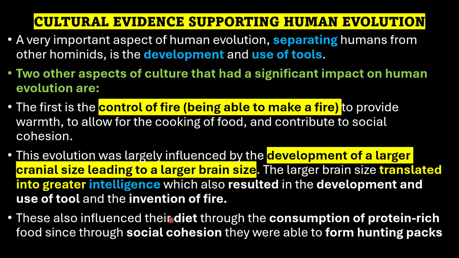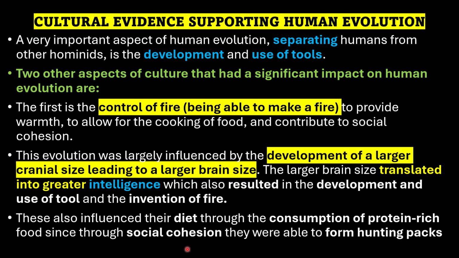If you're not intelligent, you can't use tools. You can't make tools. And if you're intelligent, once you can make tools, you can also invent fire. With the invention of fire, now you can actually warm yourself, you can actually cook food, and it contributes to the creating of society or social cohesion.